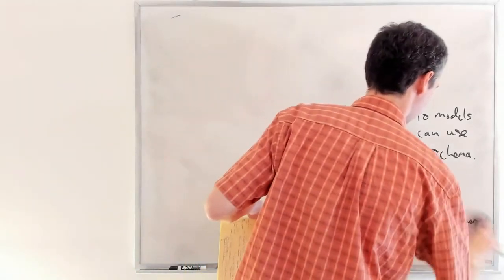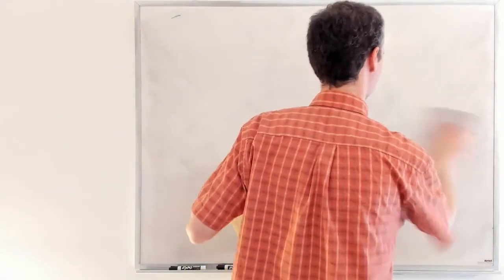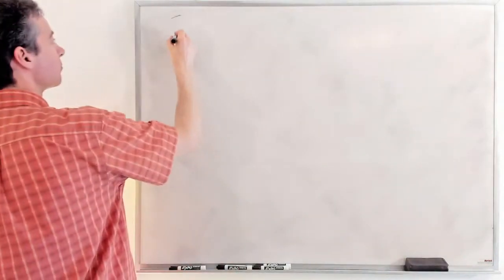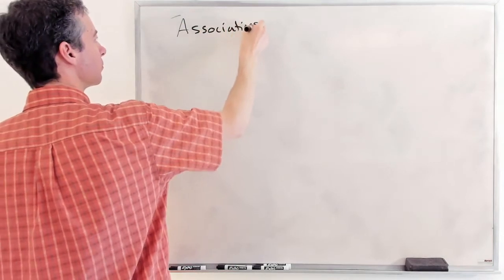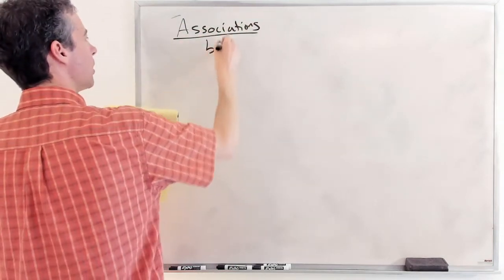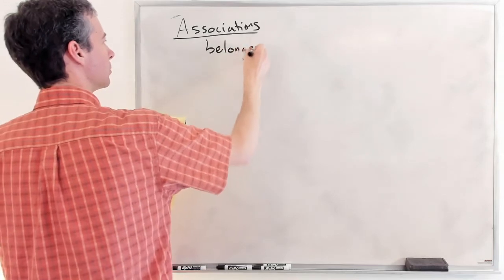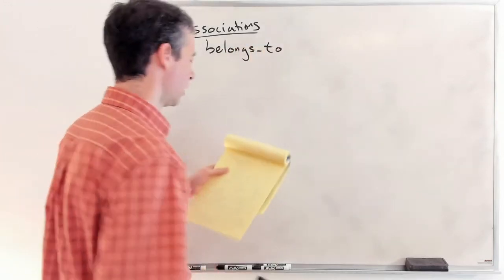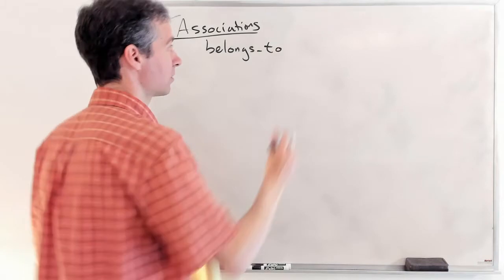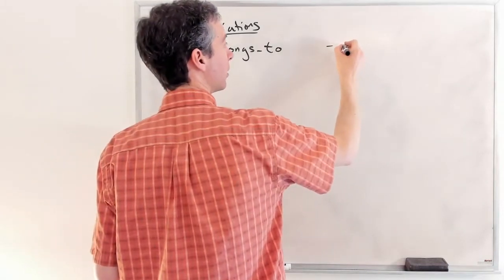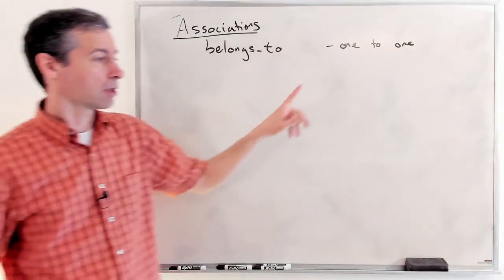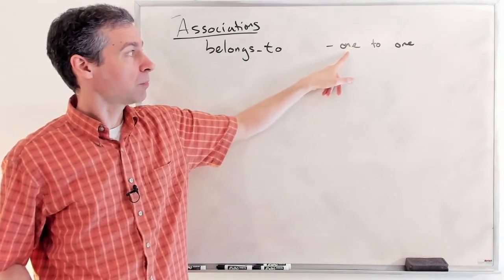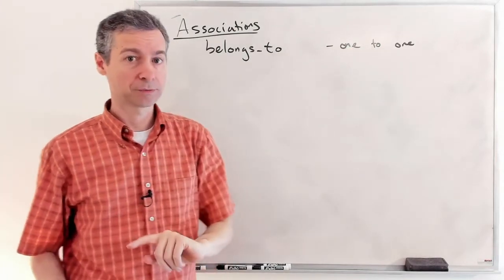The associations that are supported are as follows. There is a belongs to association. All right, so this is for when you have a one-to-one. So for example, a book maps to one author.